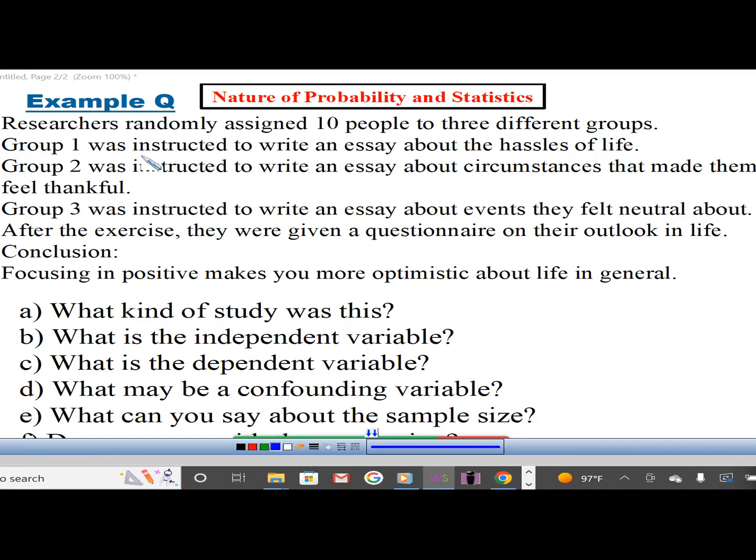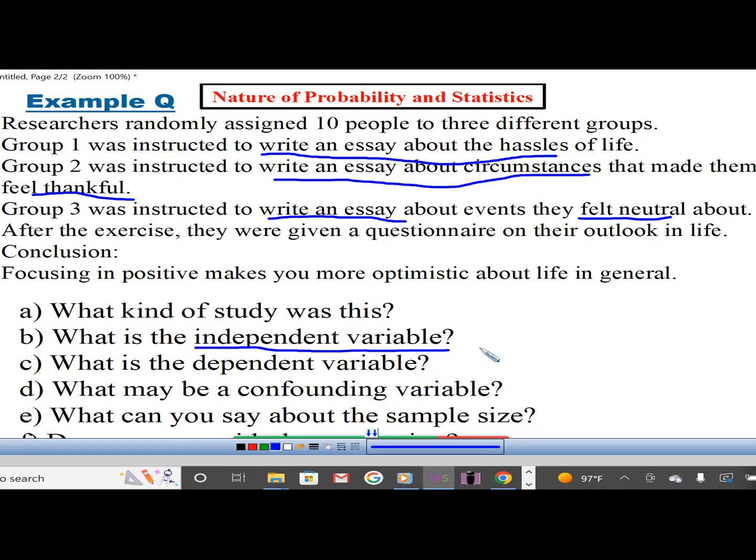With blue, underline where it says, write an essay about the hassles, write an essay about thankful, and write an essay about something that you felt neutral. That's an independent variable.